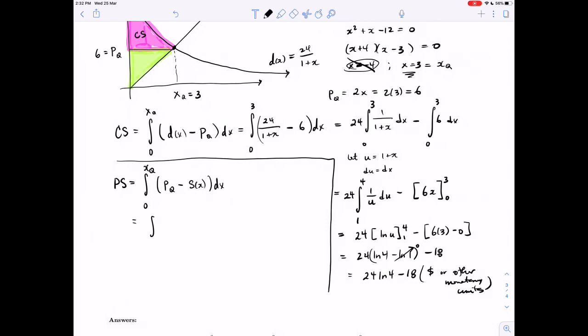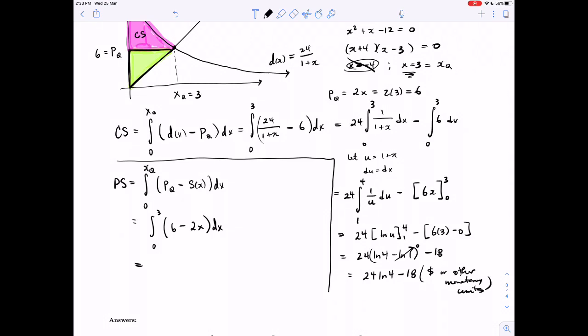So filling in these values that we know, again, 0 to 3 of the top curve is 6 minus the supply curve is 2x. Again, like we did in the last example, we could integrate this, but it's just as easy, if not easier, to recognize that our region is a triangle.